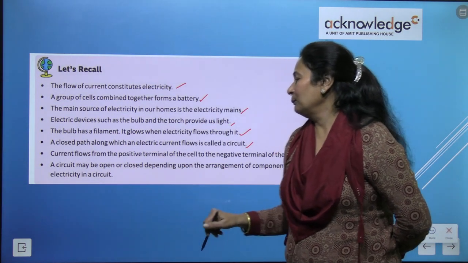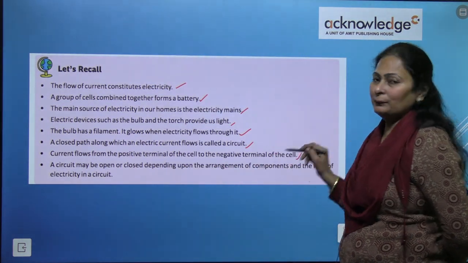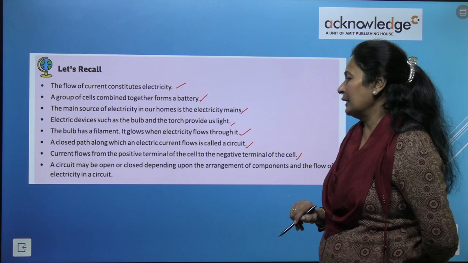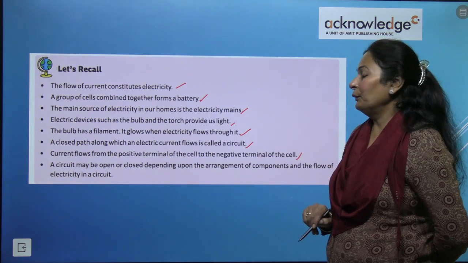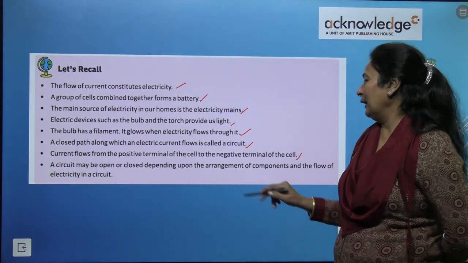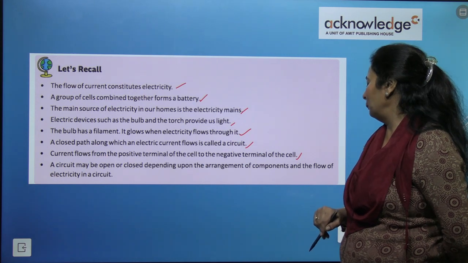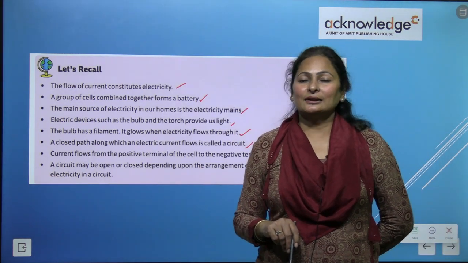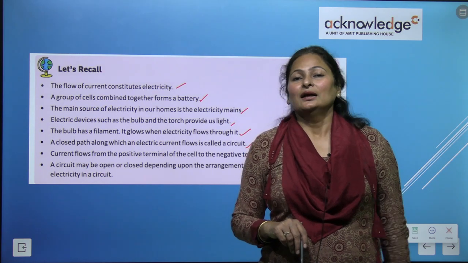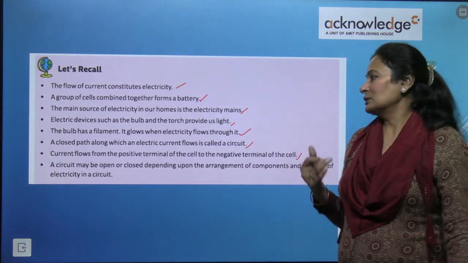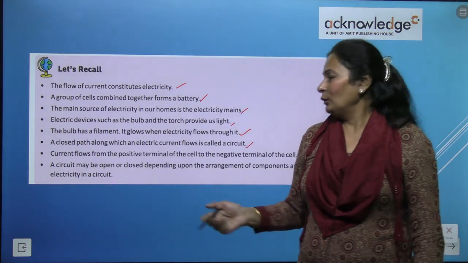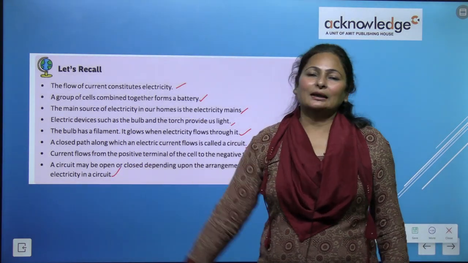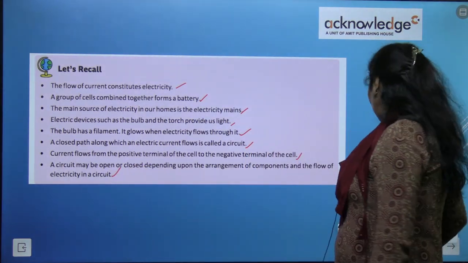Current flows from the positive terminal to the negative terminal of the cell. A circuit may be open or closed depending upon the arrangement of components and the flow of electricity in the circuit. So when it is switched on or switched off, the flow depends upon some conditions.